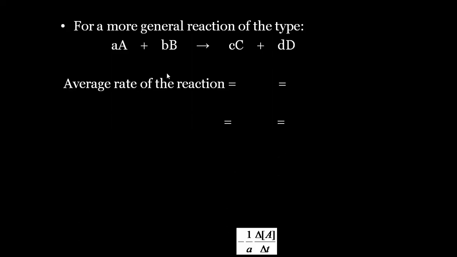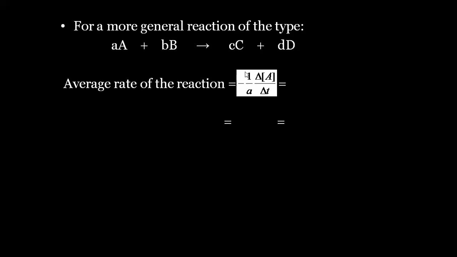So for the average rate of reaction, see carefully, we are dividing by the stoichiometric coefficient. Always remember that whenever you have a stoichiometric coefficient in a chemical reaction, the rate is always divided by it.